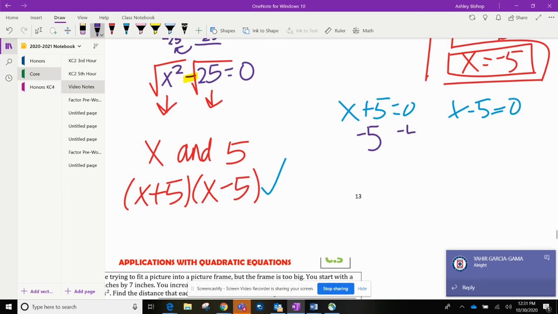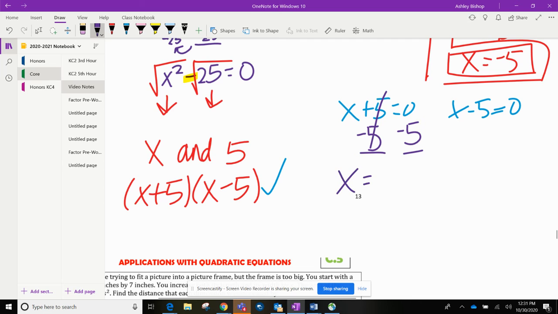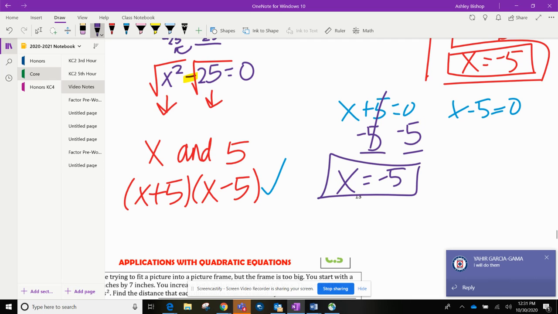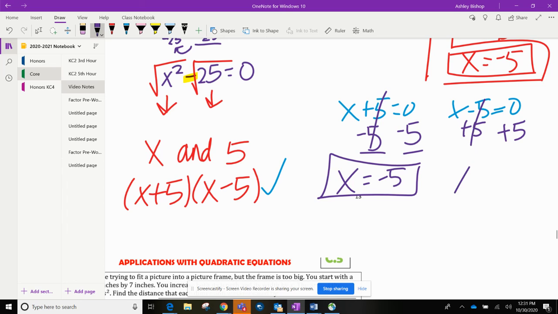I'm going to subtract 5 from both sides. And so I'm going to have x equals 0 minus 5, which is negative 5 as the answer. And for the other one, I'm going to do the opposite of subtraction, which is addition. So plus 5, x is equal to positive 5. And those are my two answers.